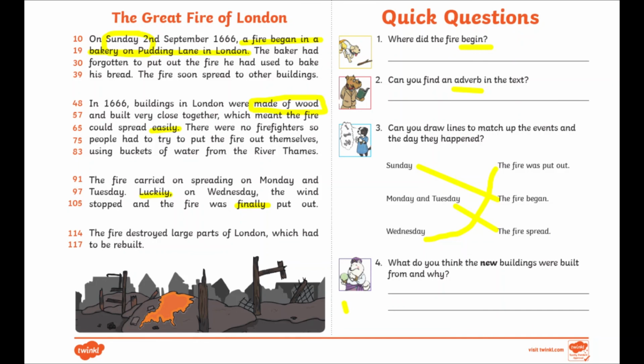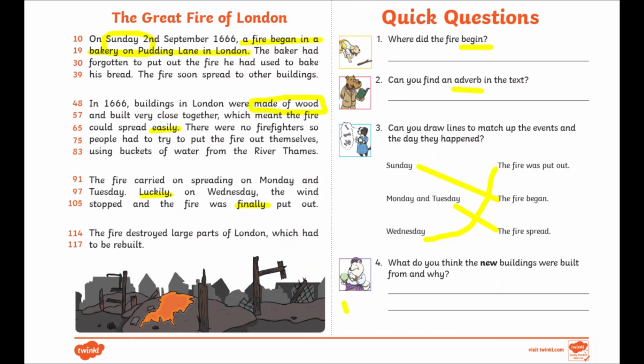What was the problem with them being built from wood? What do we know about wood, which means they're not very good for buildings? That's it. Wood burns really easily. So the new buildings need to be built from something that doesn't burn as easily as wood. And you can also use your knowledge of the world nowadays and think about what our houses are mostly built from.